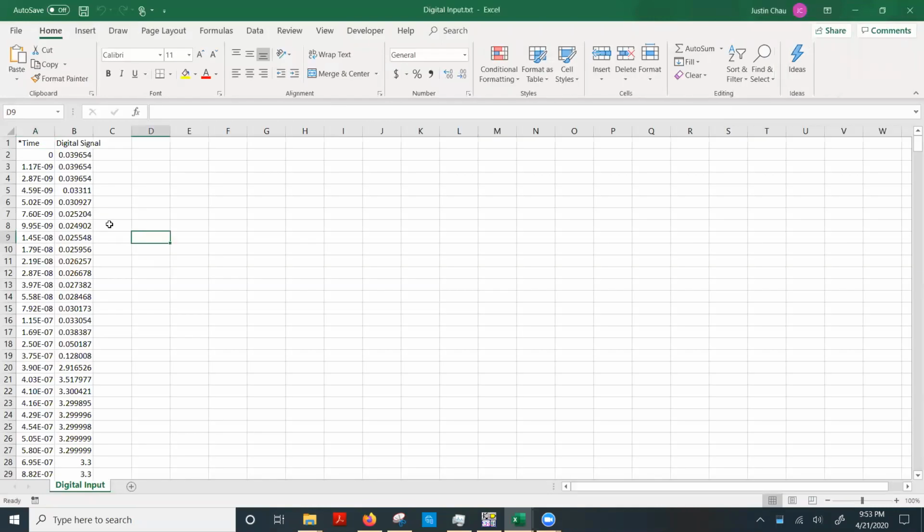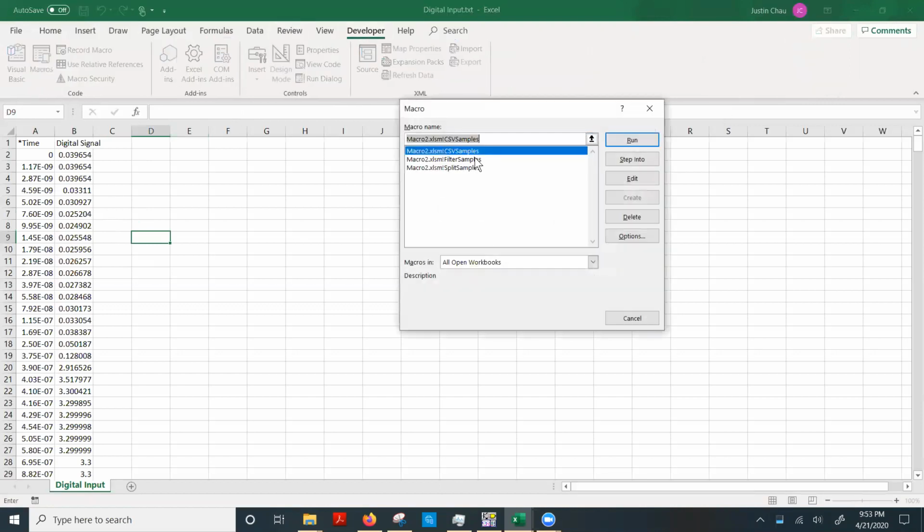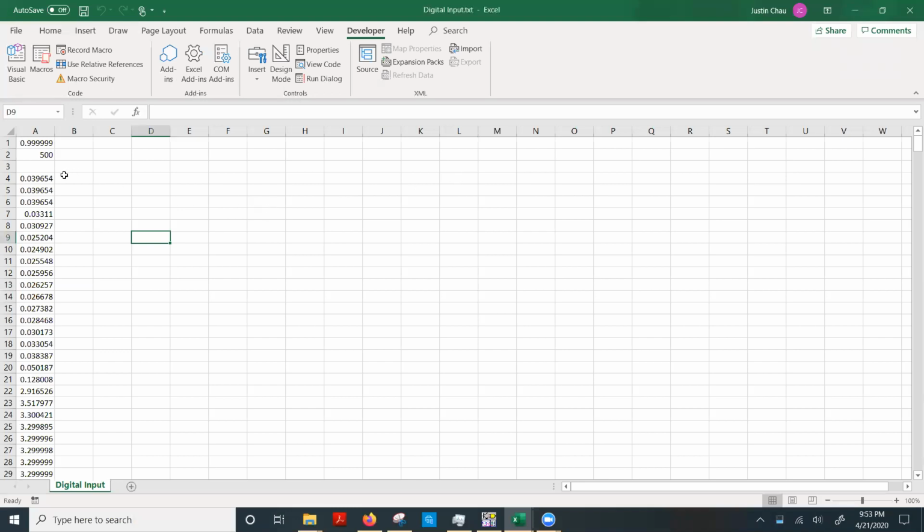All right, so we still need to get this in a format that's readable by the microcontroller. So we're going to use the help of one of our macros, the CSV samples. But if we run the CSV samples, notice how this row is blank, because this row was originally the voltage divider, the voltage ratio that we needed to multiply by. But for the digital inputs, we don't need to multiply by a scaling factor or anything.